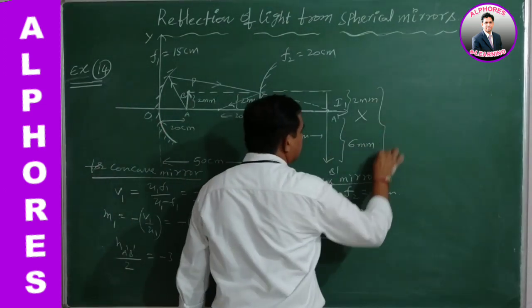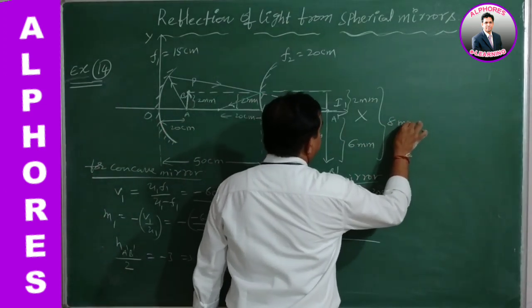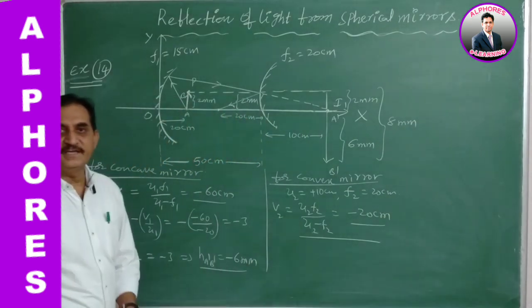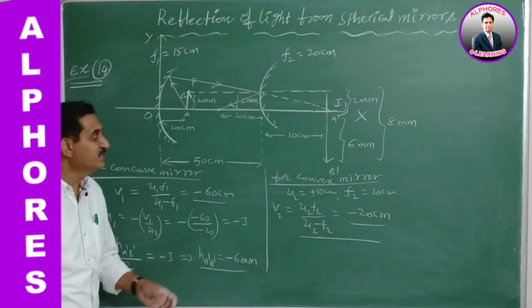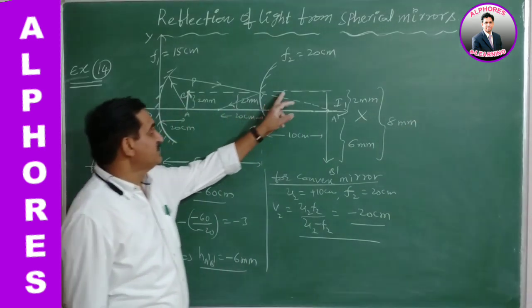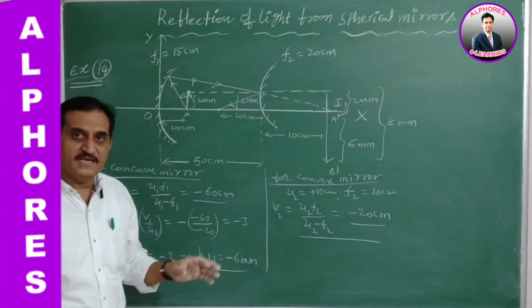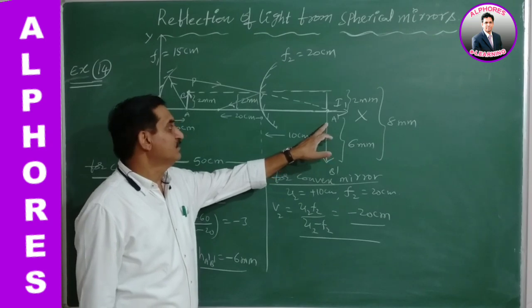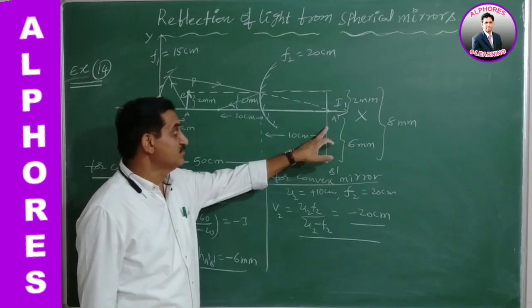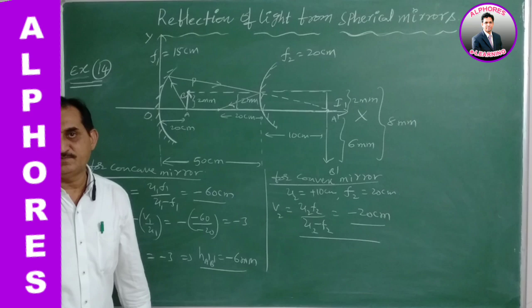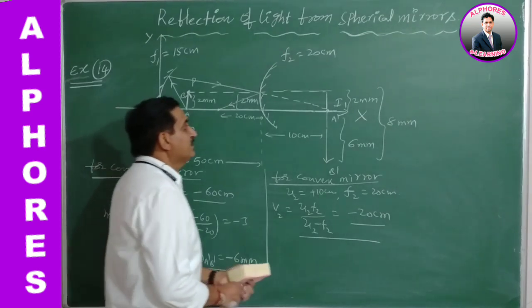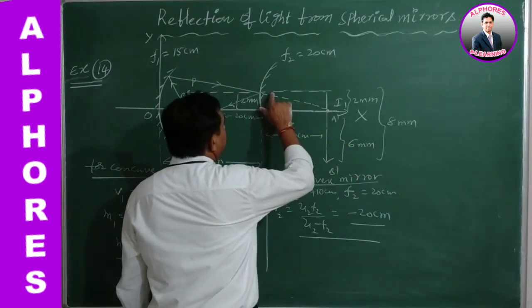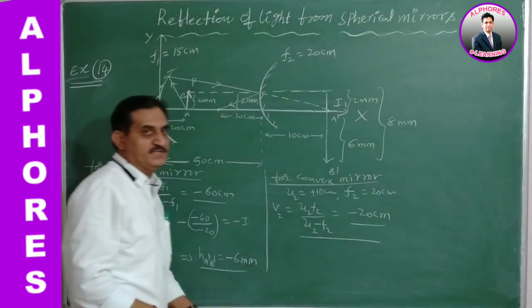As a whole, this is 8 millimeters. Why? Because this image serves as an object to the convex mirror. Therefore, we should take this size from the principal axis of the convex mirror.